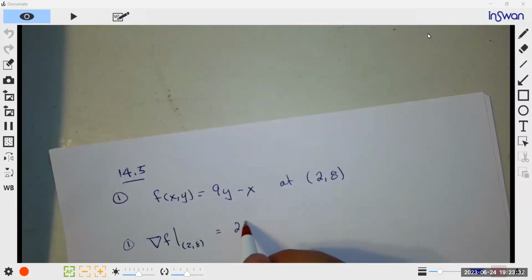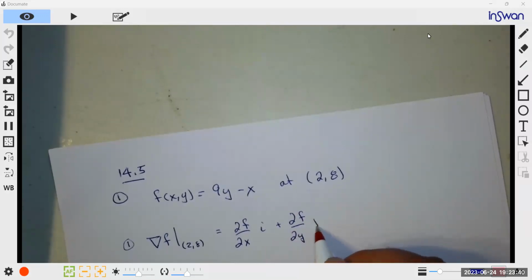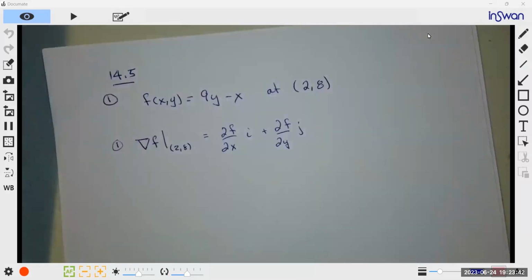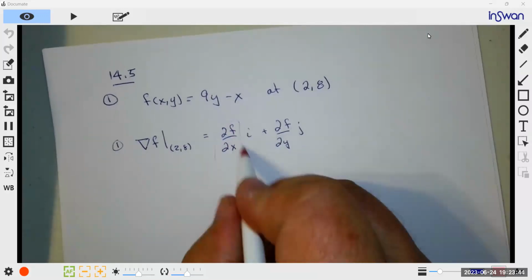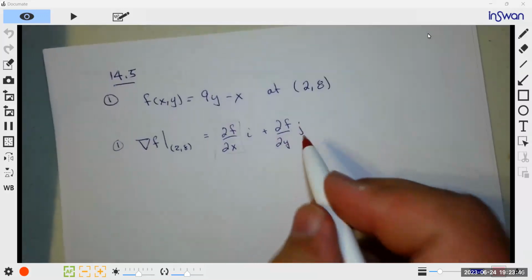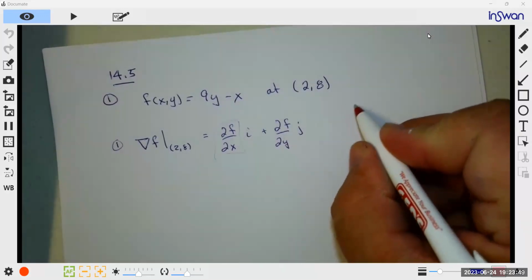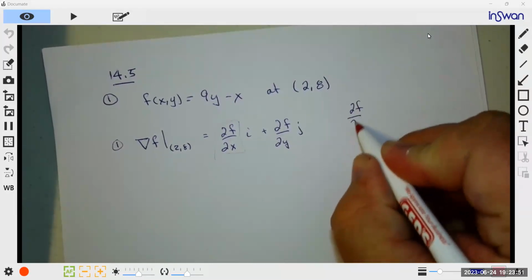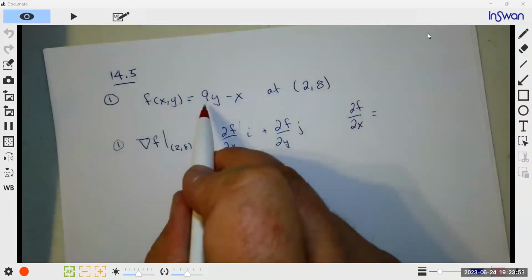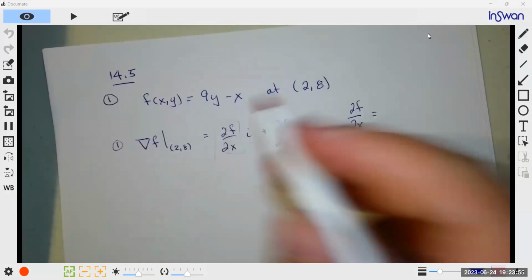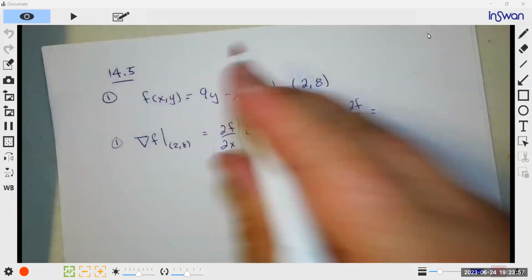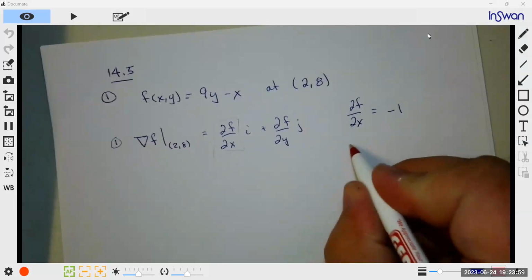Remember, that's the partial of f with respect to x, i, and the partial of f with respect to y, j. So we have to find the partial of f with respect to x and the partial with respect to y. The first derivative of this function gives us, as a constant disappears, -1.